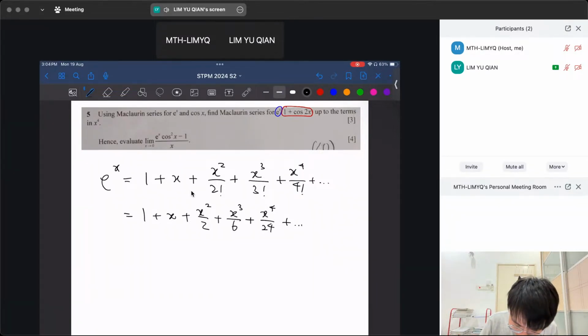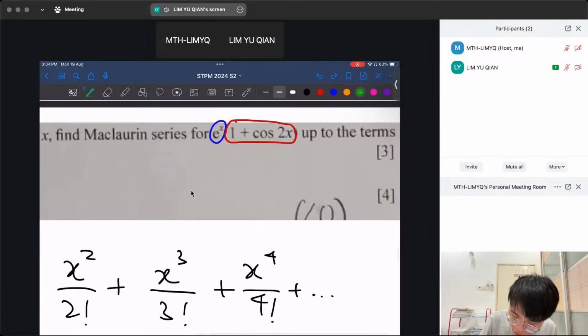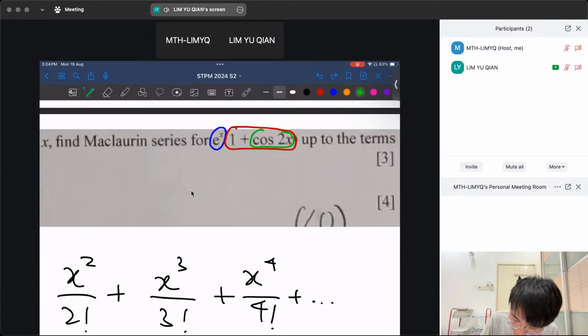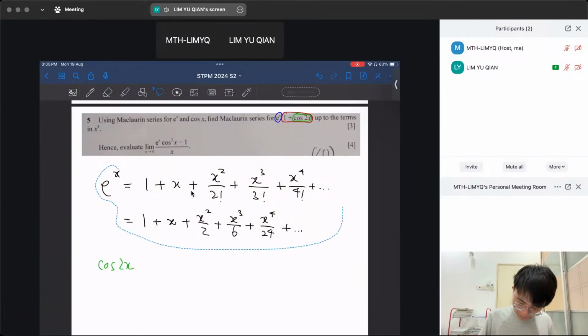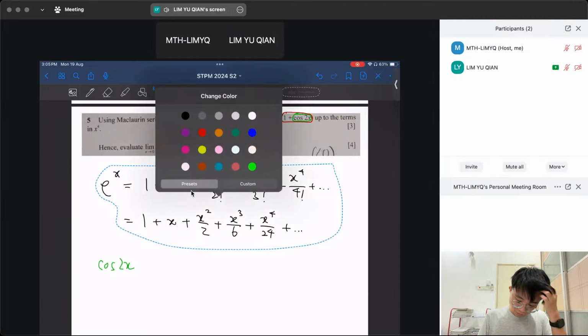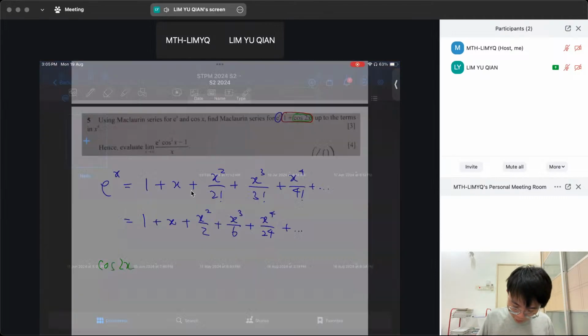You can do 1 plus cos 2x separately, or just do cos 2x first, using a formula, because a formula can help you.